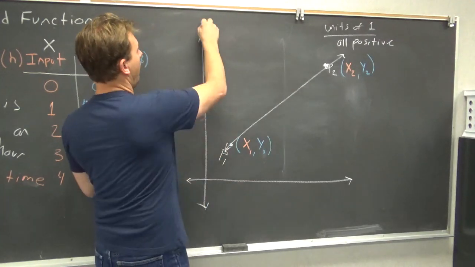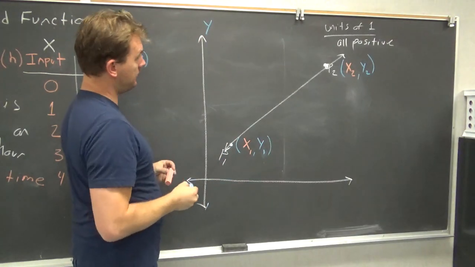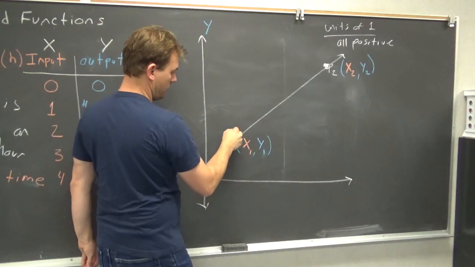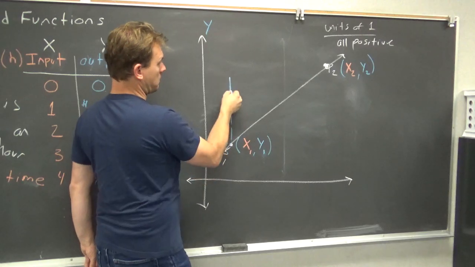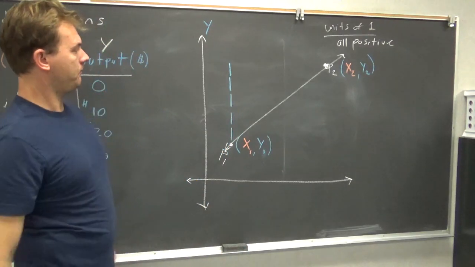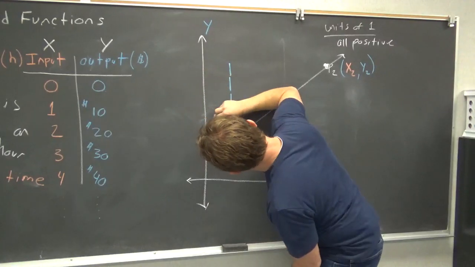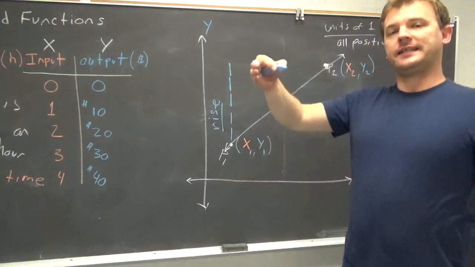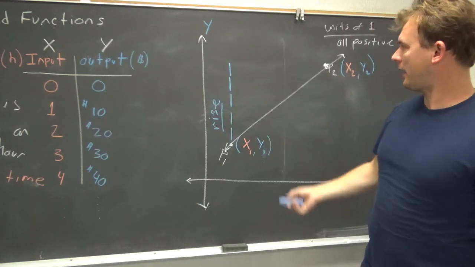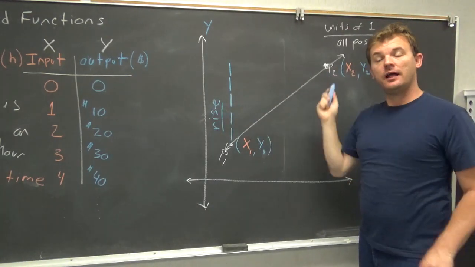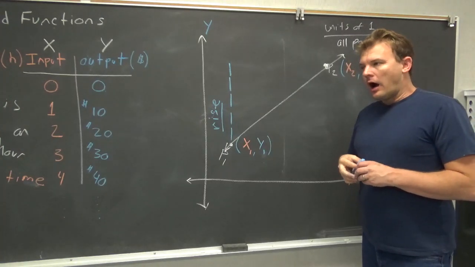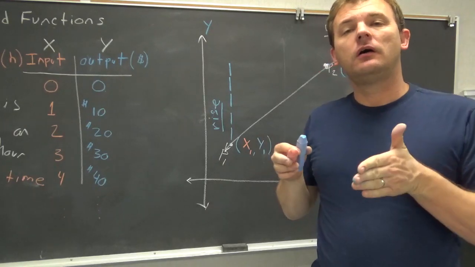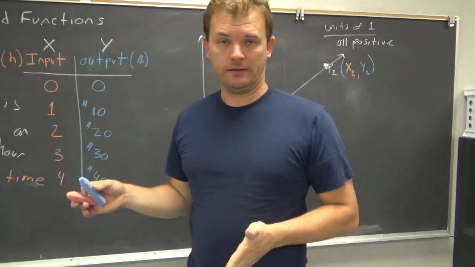I'm going to go on my y's, I'm going to go up to about where that point is. So we can call this my rise. I'm rising about to this point.